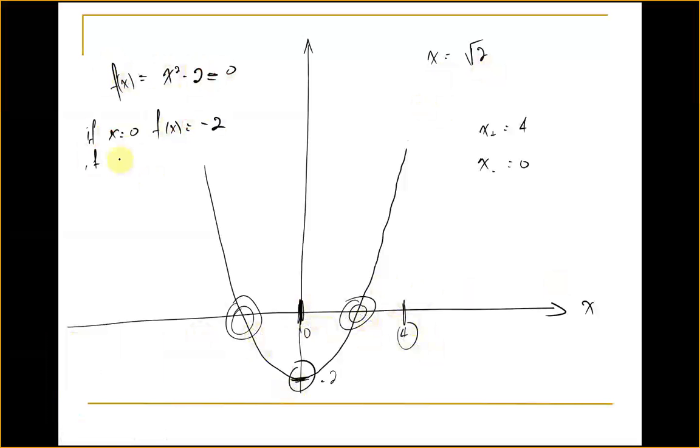And if x equals 4, the function is 4 squared, which is 16, minus 2, 14. Good. What I'm saying is we have two values. One of them is positive and one of them is negative. Understand? Yes, sir.